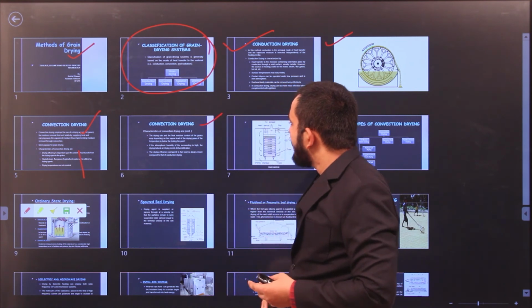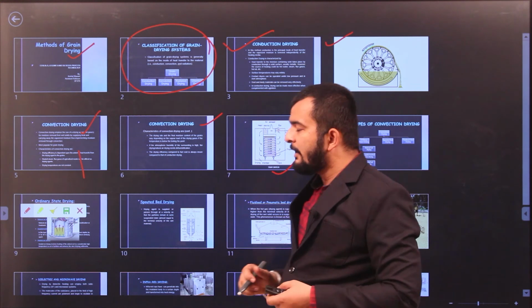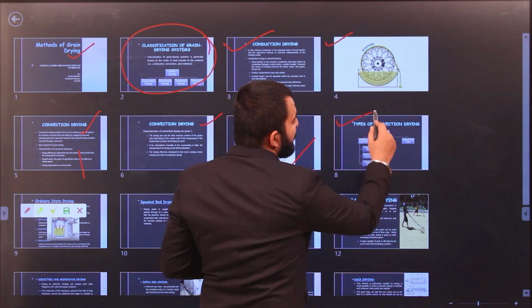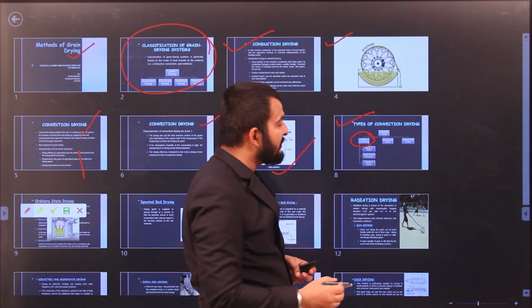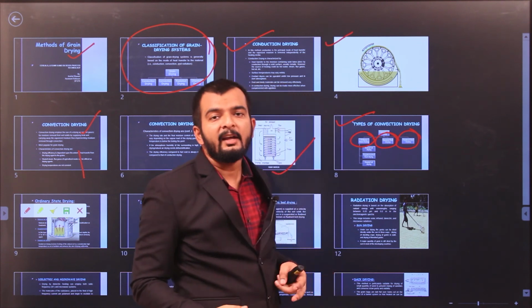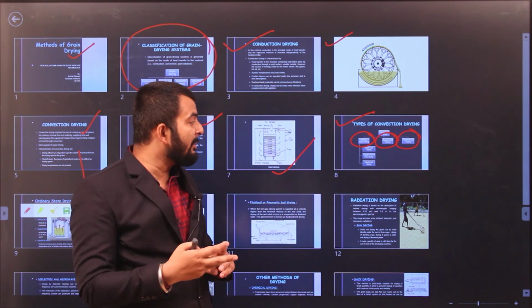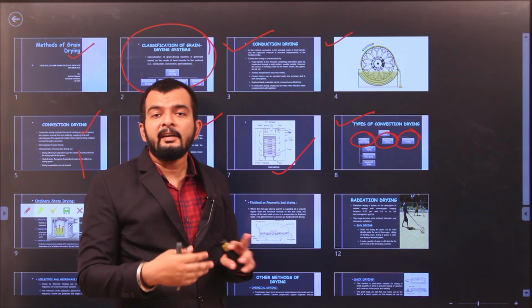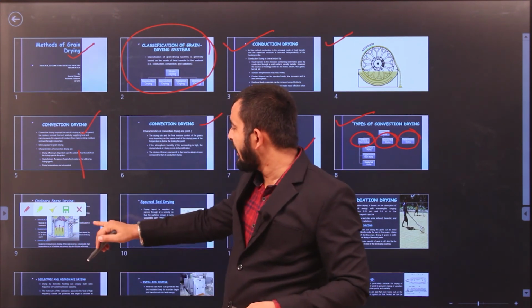In convection drying we took an example of tray dryer. Then we studied types of convection drying systems, that is ordinary state drying, spouted bed drying and fluidized bed drying. Under ordinary state drying we studied natural air drying, then supplemented heat drying and then heated air drying. We studied about these in detail.